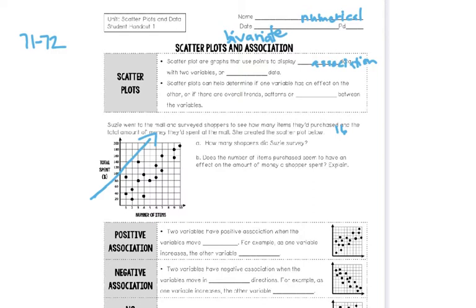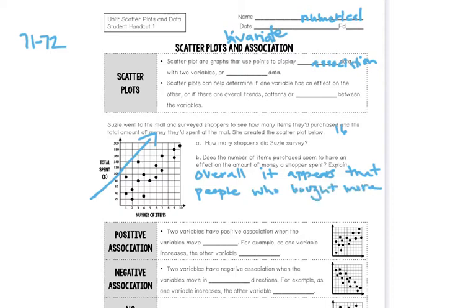So you could write that in. Overall, it appears that people who bought more items spent more. It's kind of common sense, right?